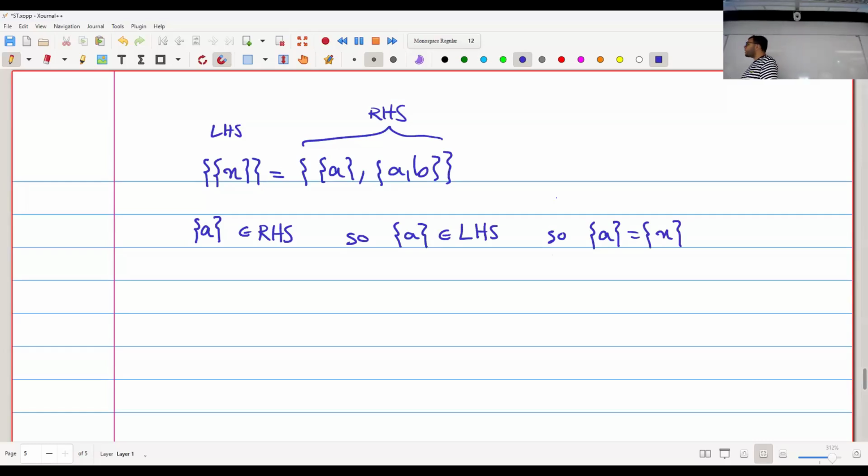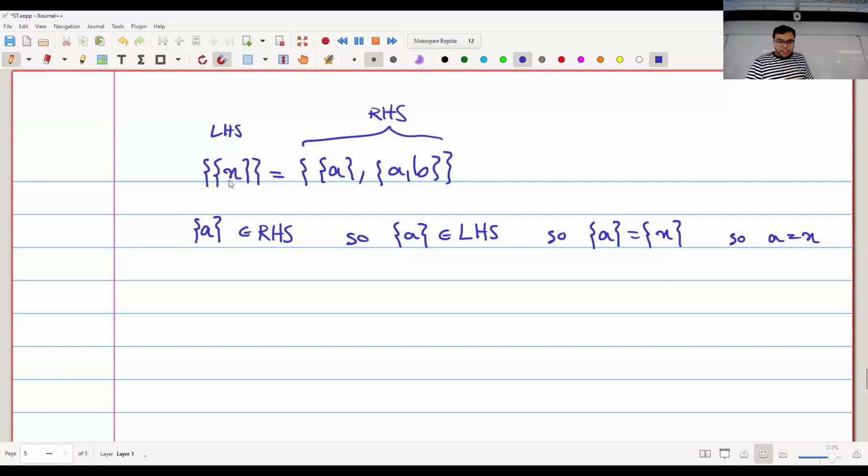Okay. But now I have to use my first axiom again. I have two sets that are equal. The only way that two sets are equal is if they have the same elements. So I take this A, which is an element of the left-hand side. It has to be an element of the right-hand side. So it has to be equal to X. I'm not going to write all of that down because I'm lazy. So just A equals X. Right.